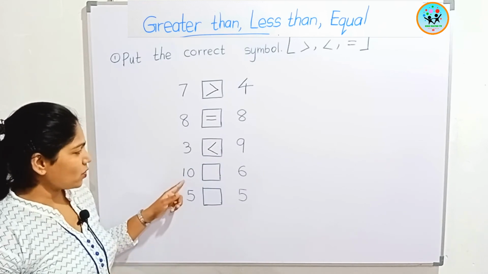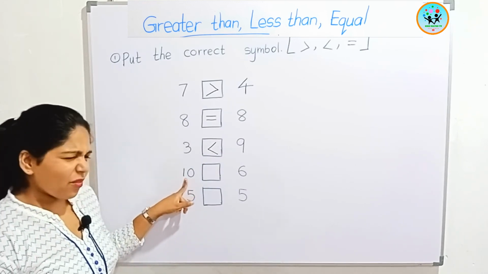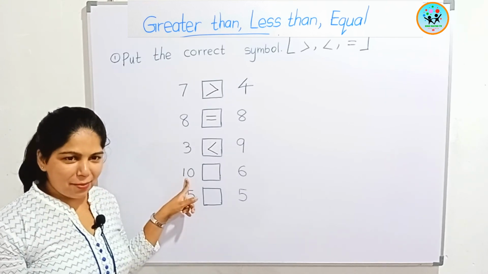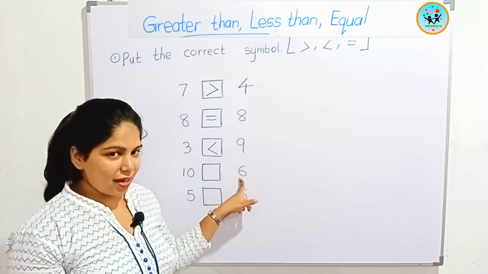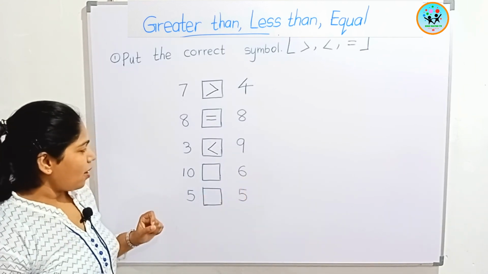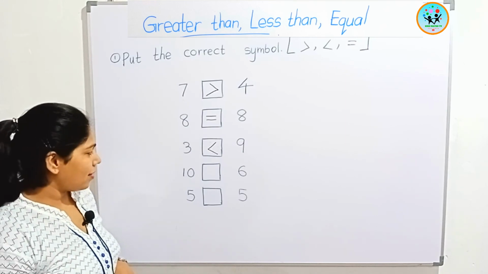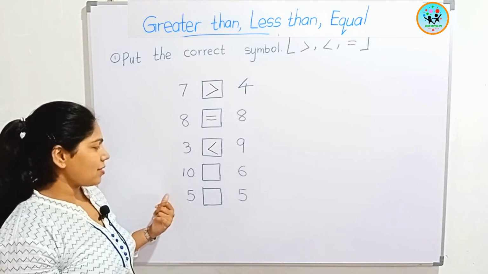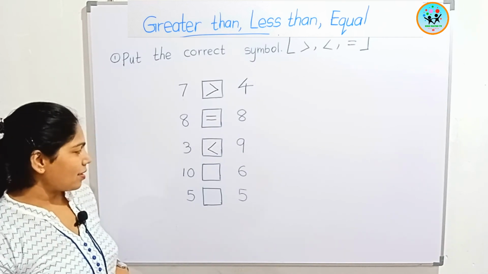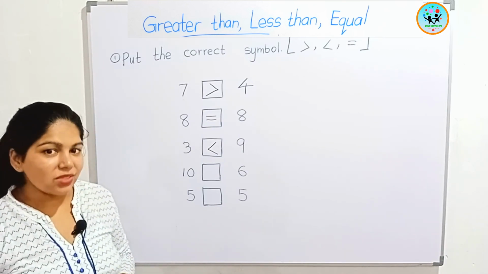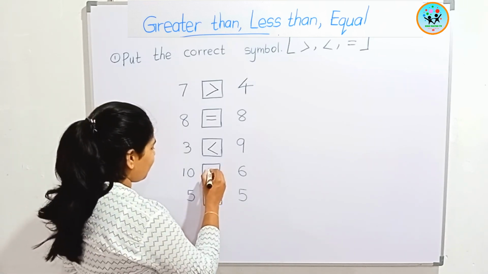Okay. Next one. What is this number? Yes, number 10. This one? Number 6. Which number is greater than, either 10 or 6? Yes, number 10 is greater than number 6.